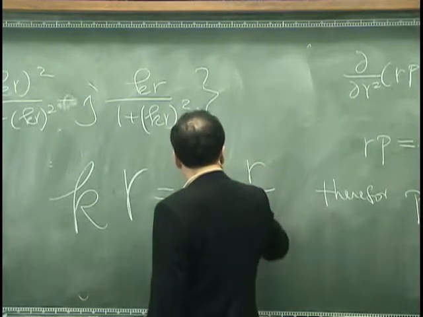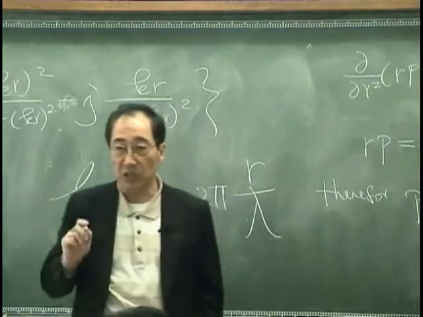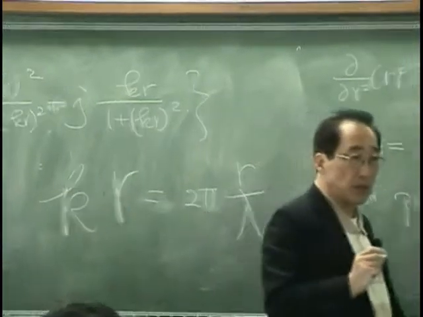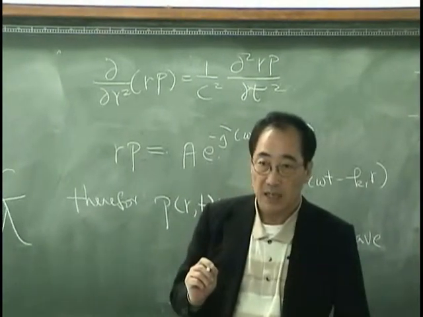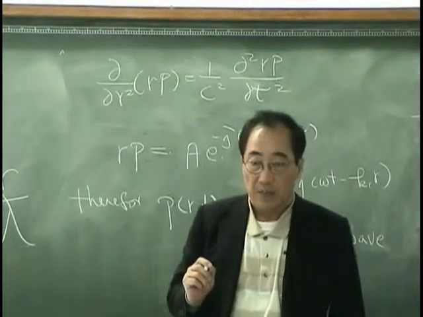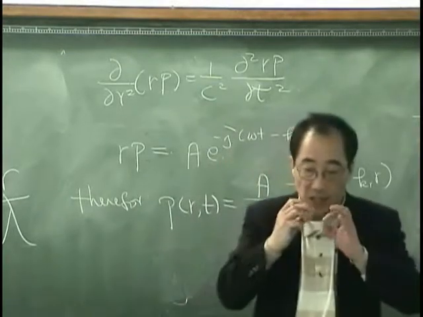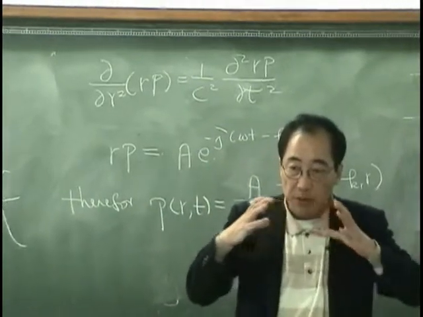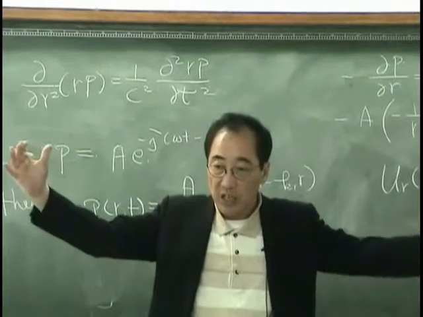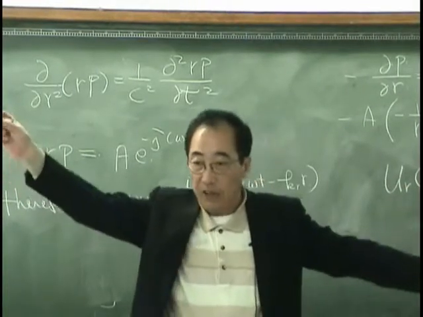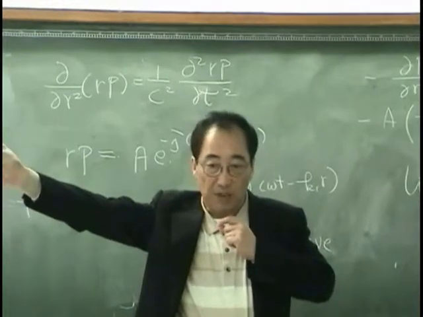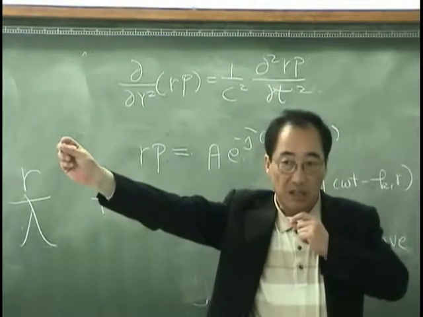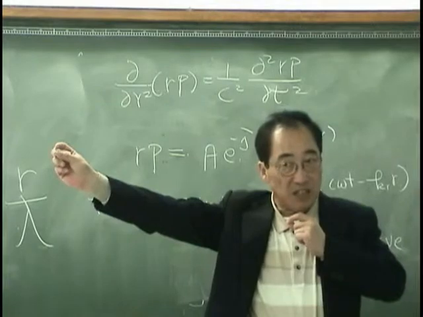So kr actually measures the distance from the origin with respect to wavelengths. So this is the origin, and the wave is propagating omnidirectionally. And for example, this is 60 centimeters from the origin. 60 centimeters does not have a meaning.